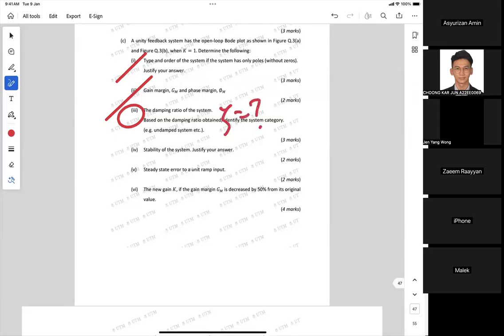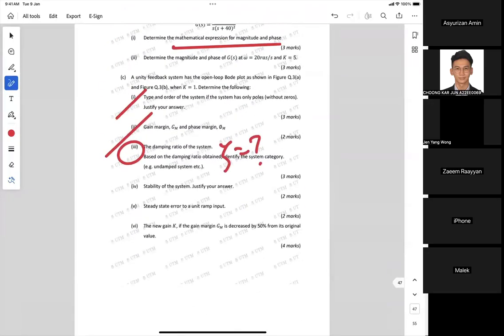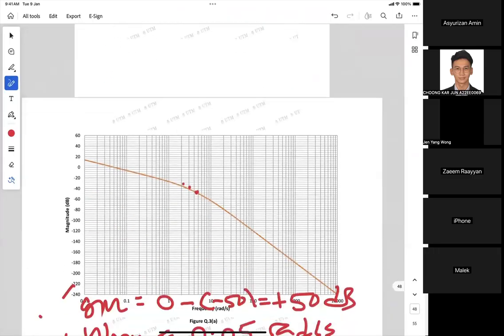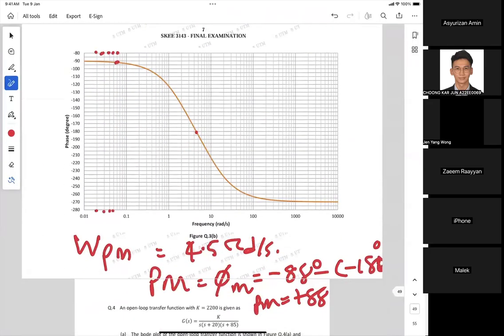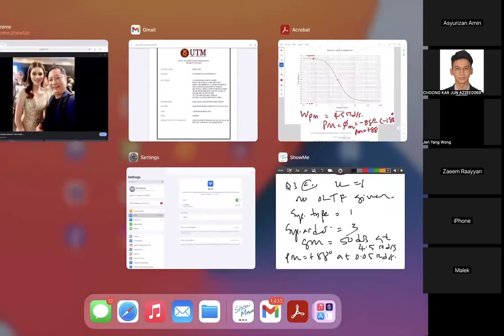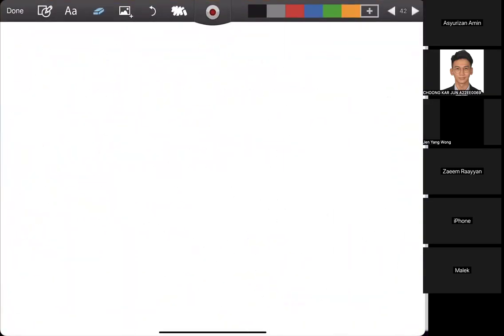Any idea? How to find damping ratio? I think use the phase margin then find from the graph. Yeah. The phase margin is 88 degrees. Good. Phase margin 88 degrees.